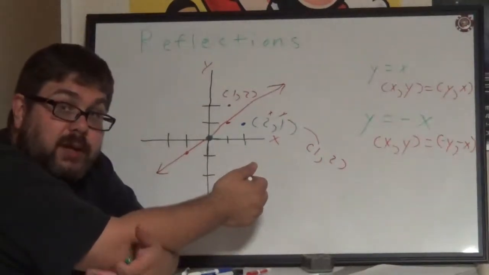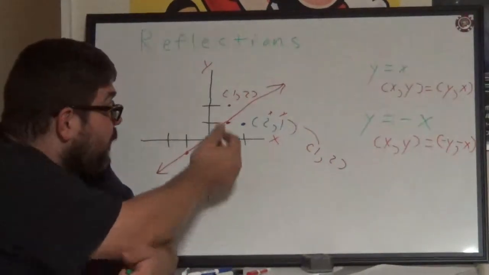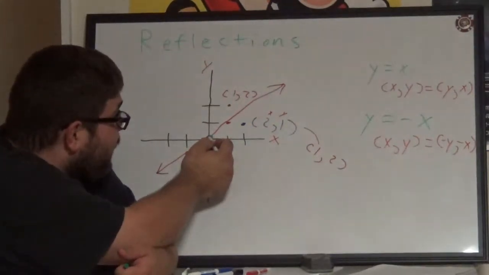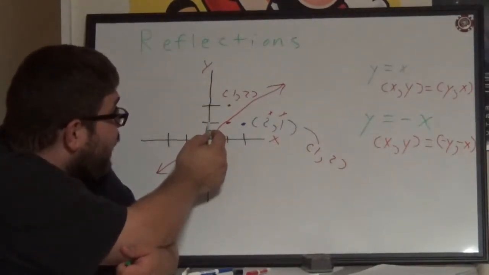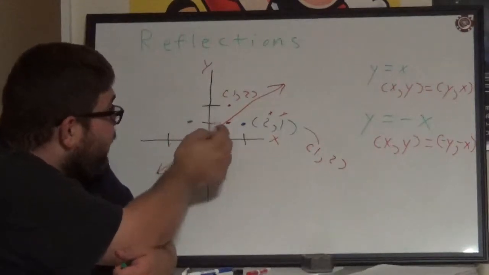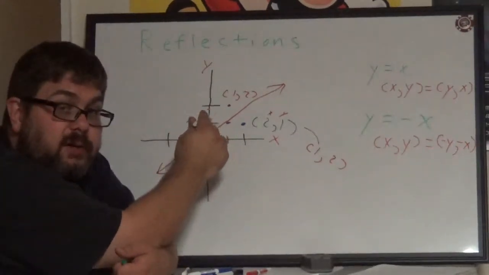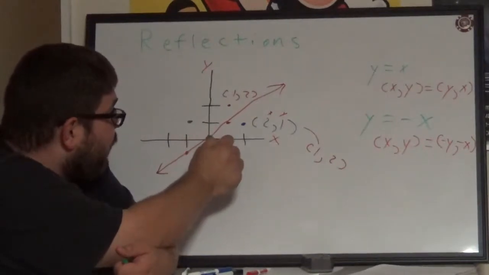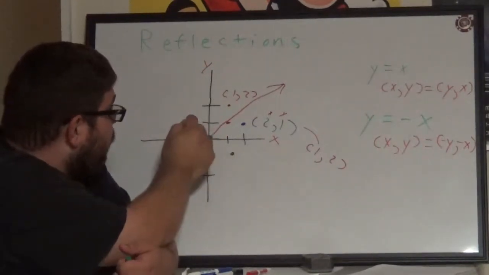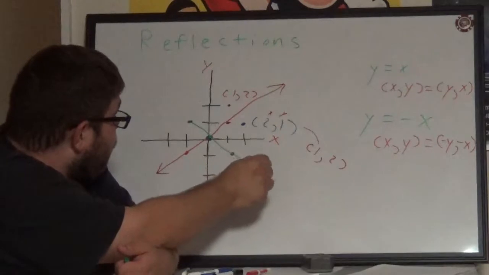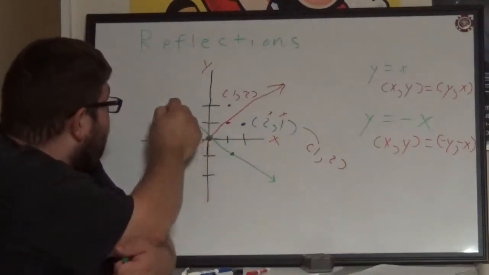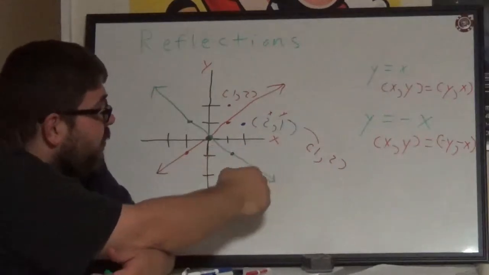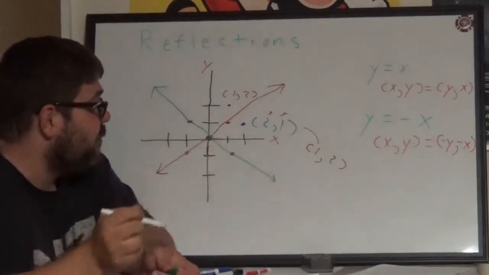I'll talk again about slope in the future. For our purposes, when finding slope, if it's negative, we want it to be up 1, left 1, or we could do down 1, right 1. This is the line y equals negative x.